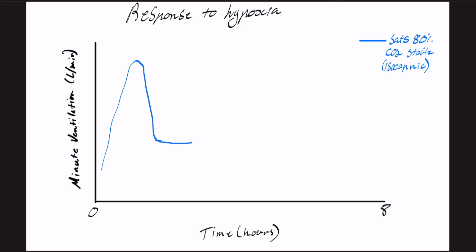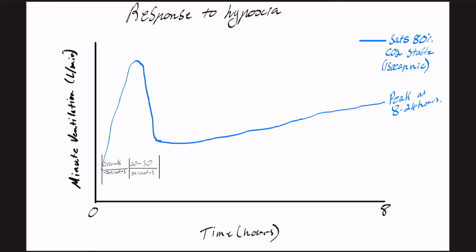And then because the CO2 has remained elevated, the respiratory rate will continue to rise. And at about that 8-hour mark, it will be at its peak, and this will be sustained. And this is said to be sustained or peak at around 24 hours.